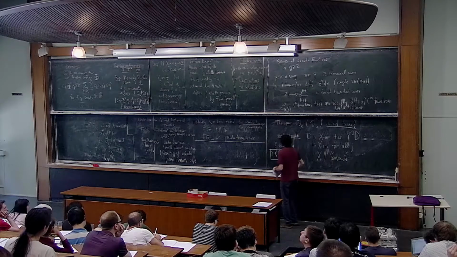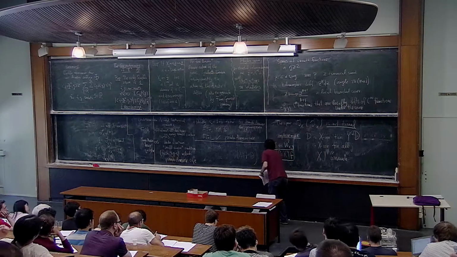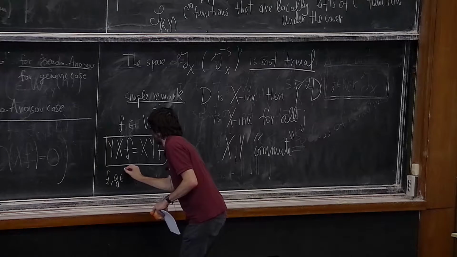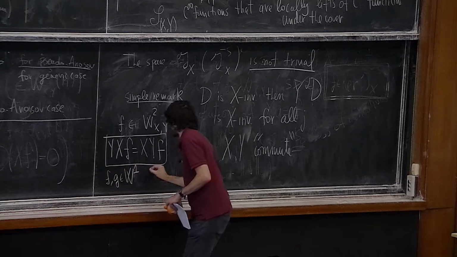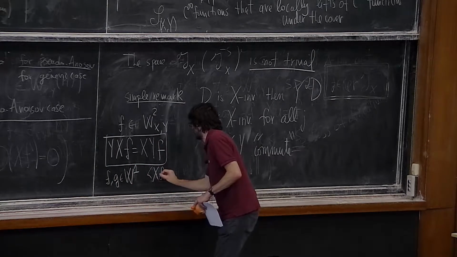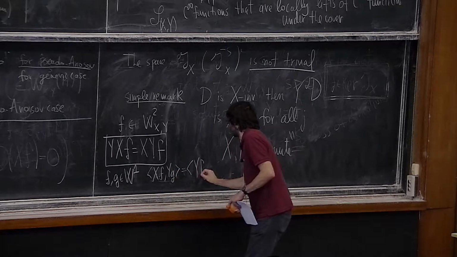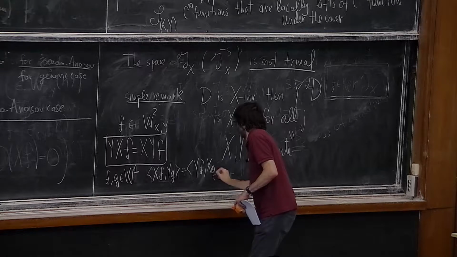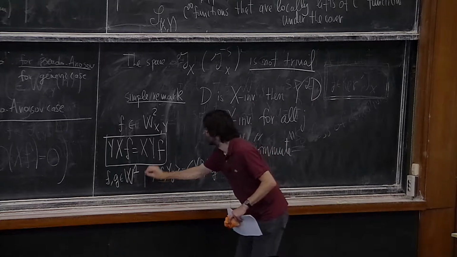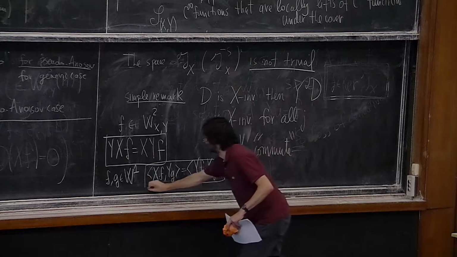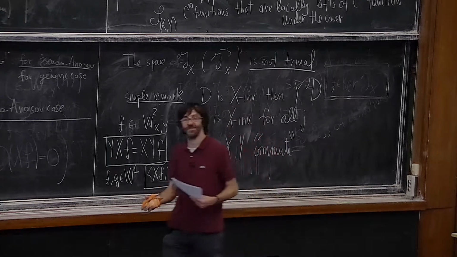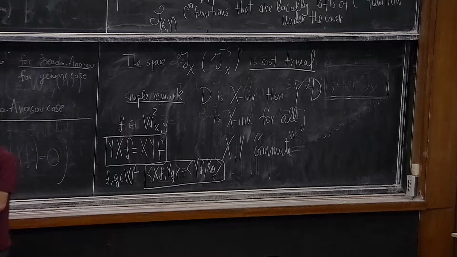So another statement is that if F and G are in W1, then it's true that X F, Y G is the same as Y F, X G. So that's another, and in fact more important, manifestation of the commutation. But for this commutation we need some Taylor expansion at the cone points.